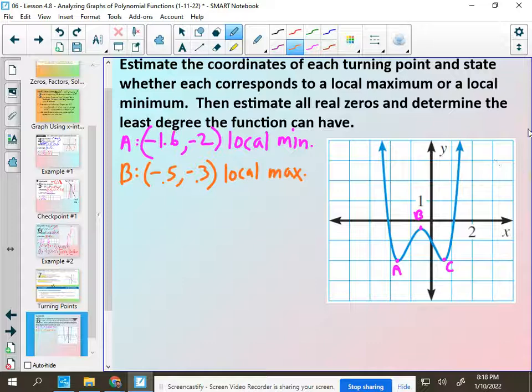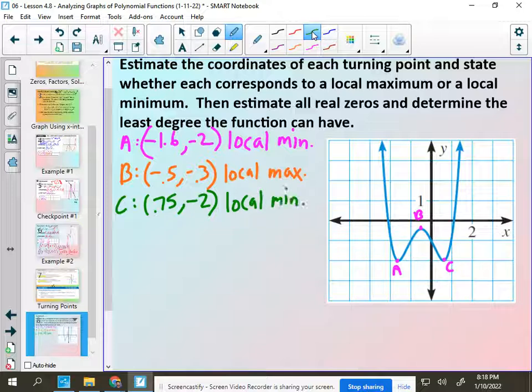We got one more. Point C. Point C is definitely going to be a local min. What are we talking here? Let's go 0.75 to the right, and then down 2 again. That's a local min. Pretty doable.